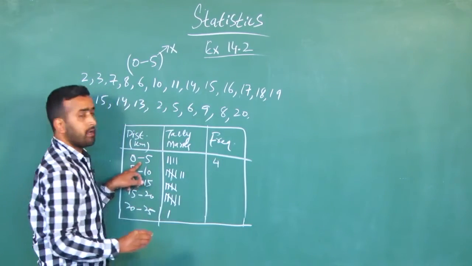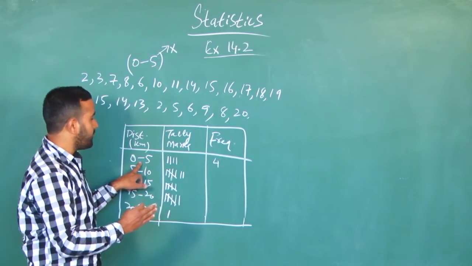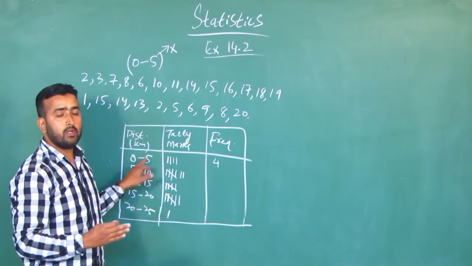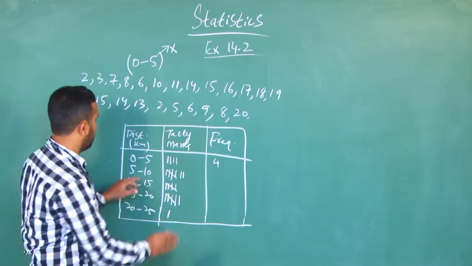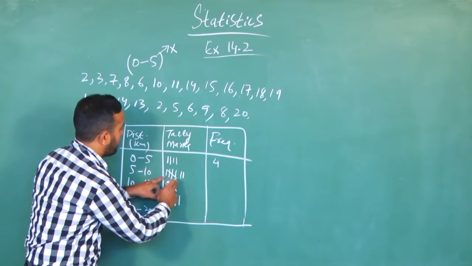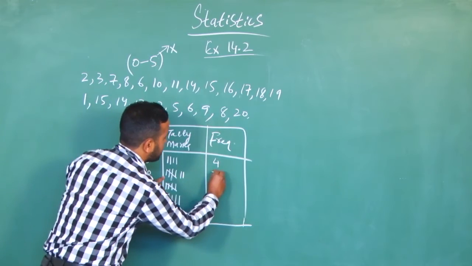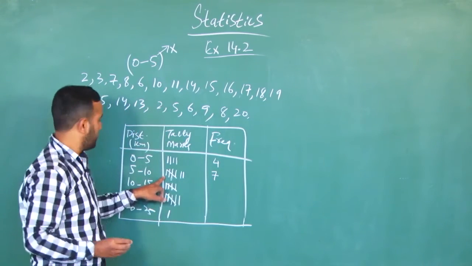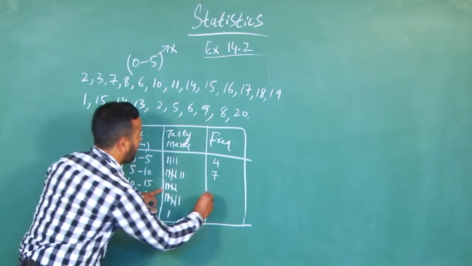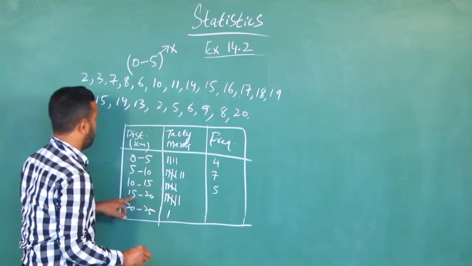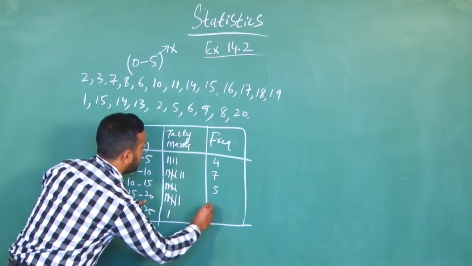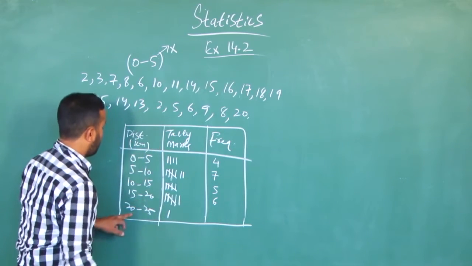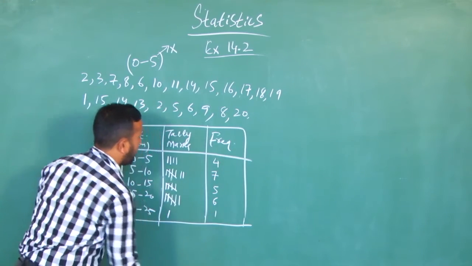So 4 of the children reside within the group of 0 to 5 kilometers from their school to their residence. And then for 5 to 10, it is 5 plus 2, that is 7, the frequency. Now 10 to 15, we have 5 as the frequency. 15 to 20, it is 5 plus 1, that is 6. And then 20 to 25, it is 1.